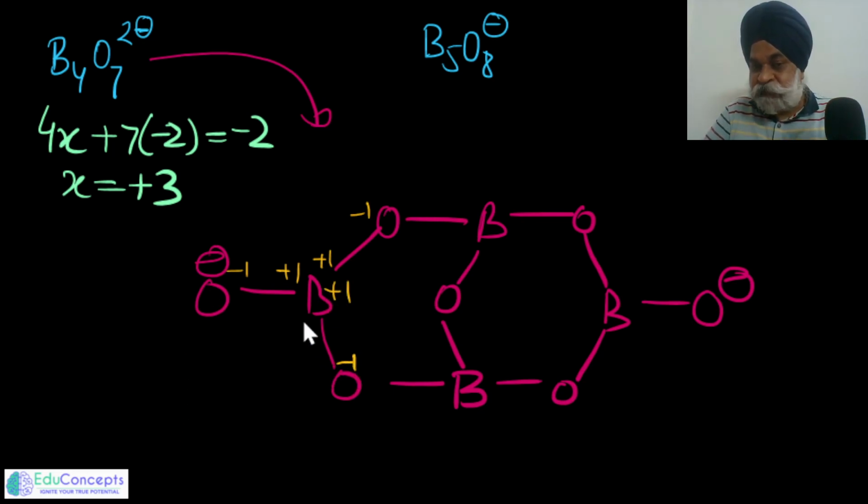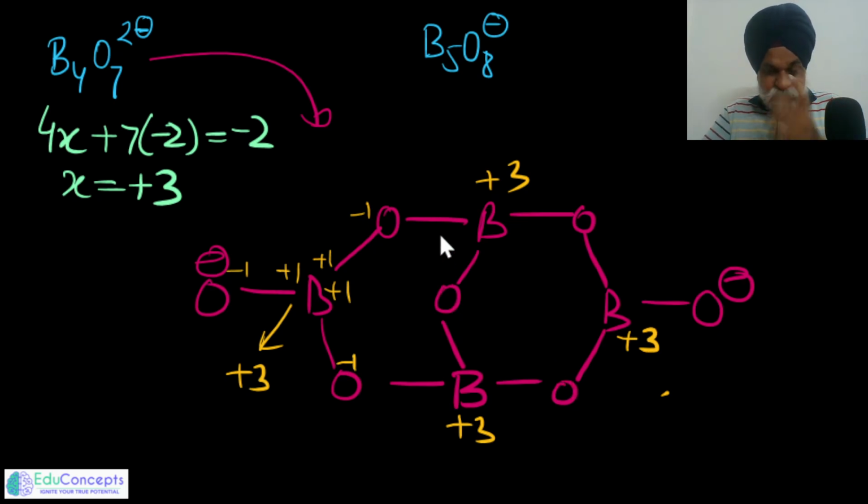So around every boron, the oxidation state comes out to be +3 only. So here all the borons are in the same oxidation state. Similarly, you can try this one also. This is again a very interesting anion. And last but not the least, 2-3 more examples, then we will wind up.